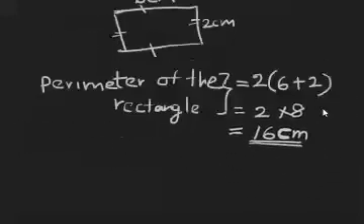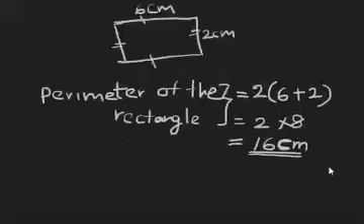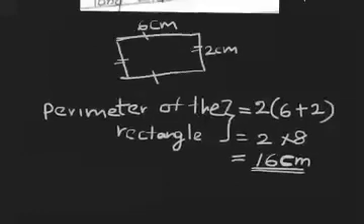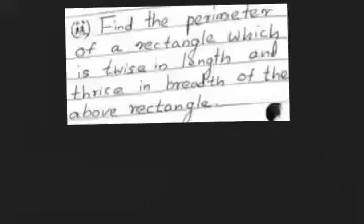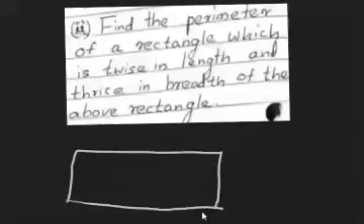Then we'll move to part 2. This is part 2. Find the perimeter of a rectangle which is twice in length. We don't know the length or breadth of this rectangle.